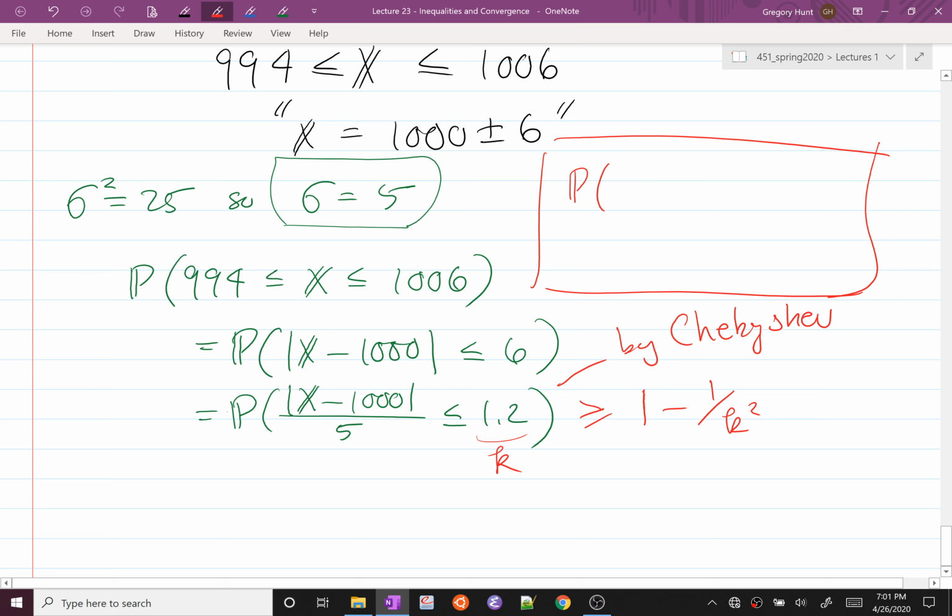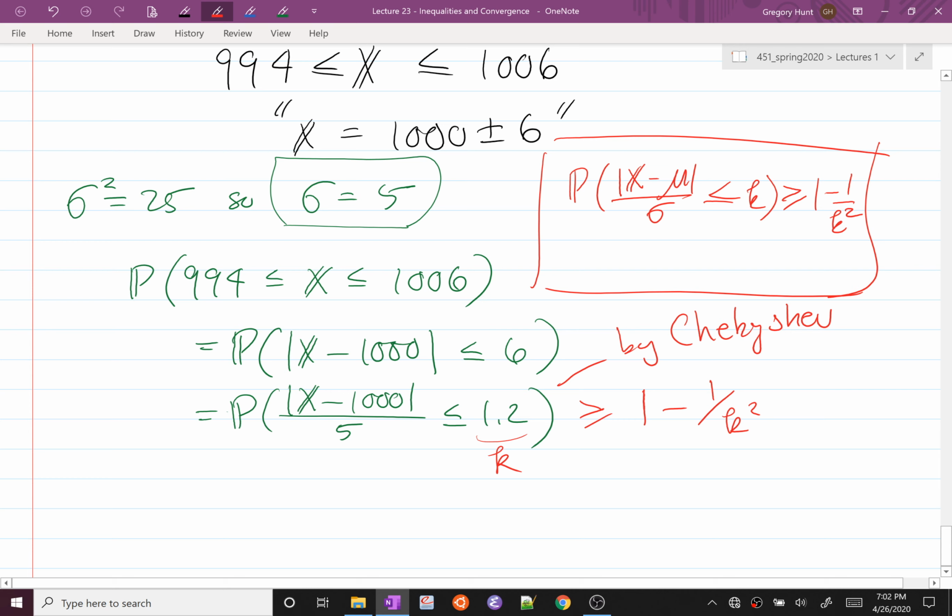It says that the probability that X minus its mean over sigma is less than or equal to k is bigger than or equal to 1 minus 1 over k squared.